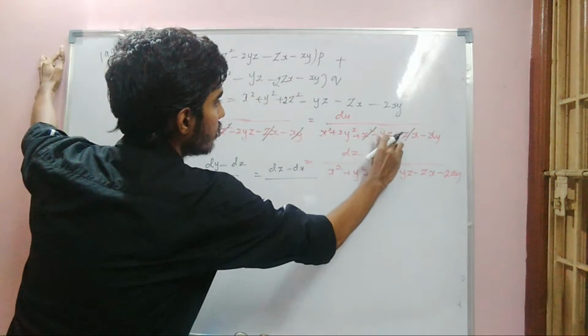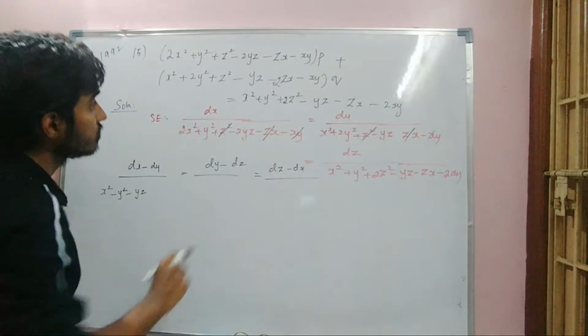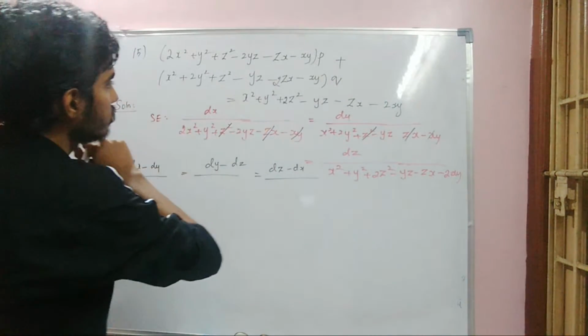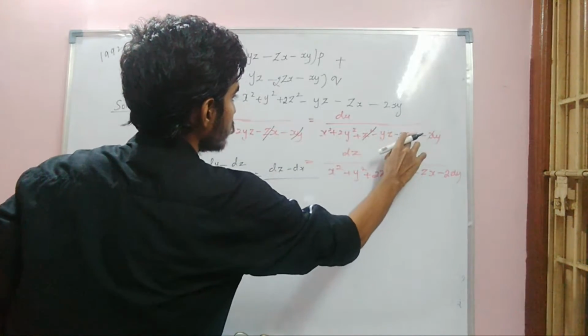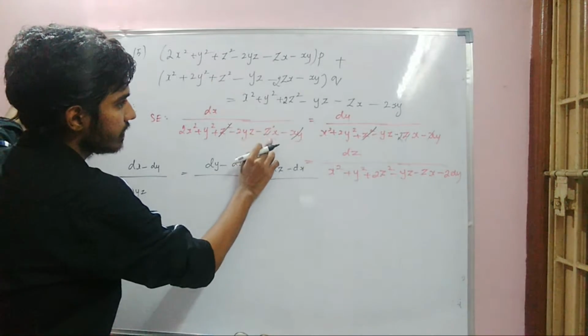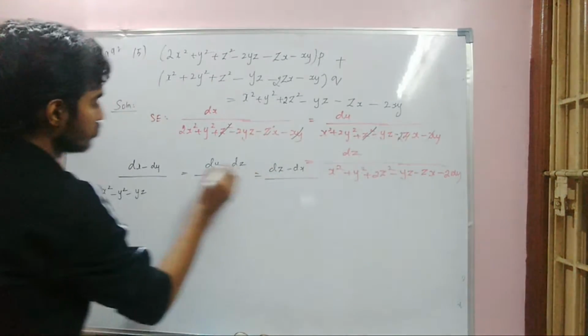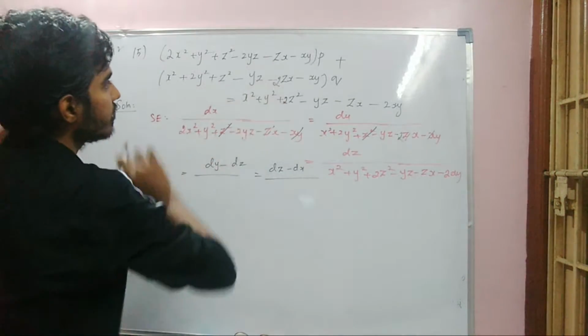So here we are going to have minus 2zx. So x will get cancelled. Here we are going to have minus zx plus 2zx, so we are going to have 1zx. The question has 2zx here.